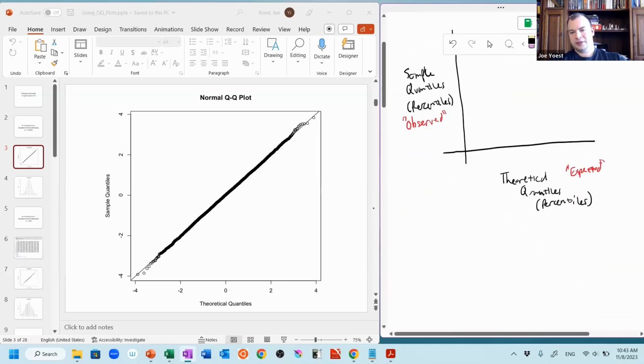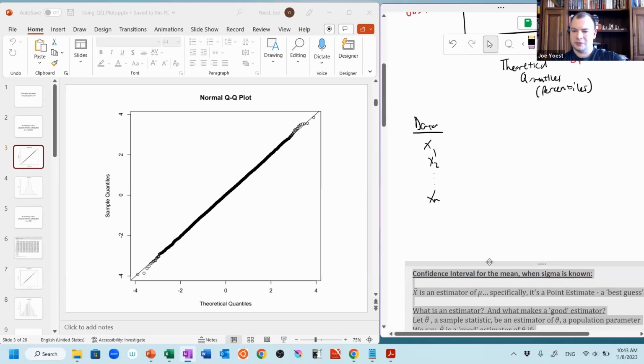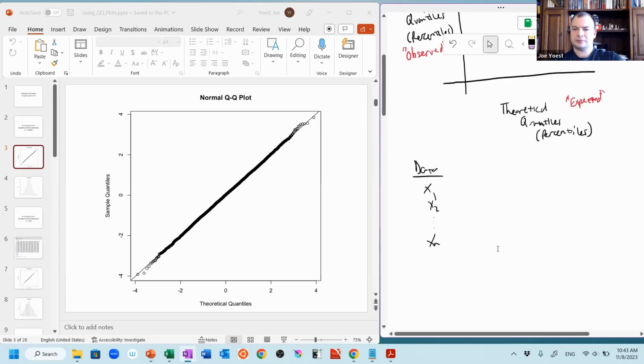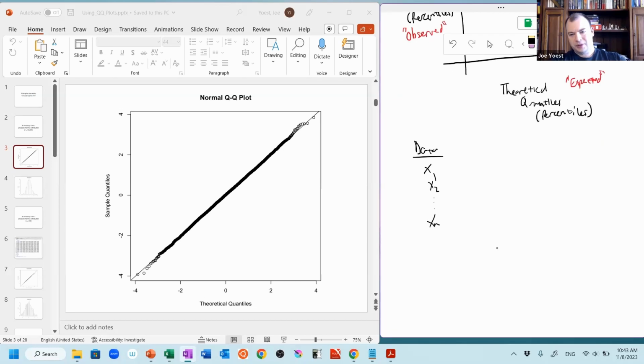We would take our data set, x1, x2 through xn. Let me move this down a little bit, get a little more room. For my data set, I can compute x bar and I can compute s. So then for my data, I would compute z-scores.